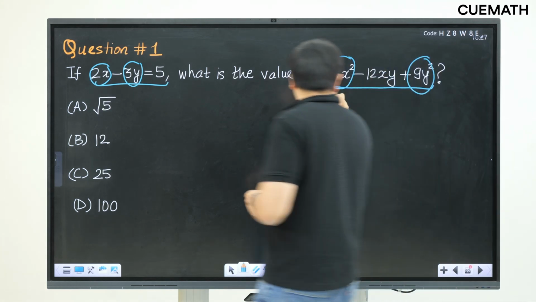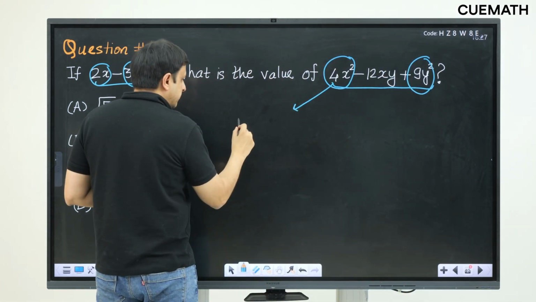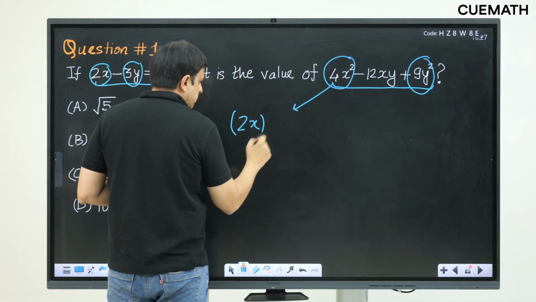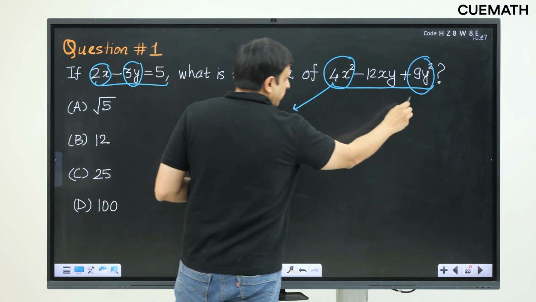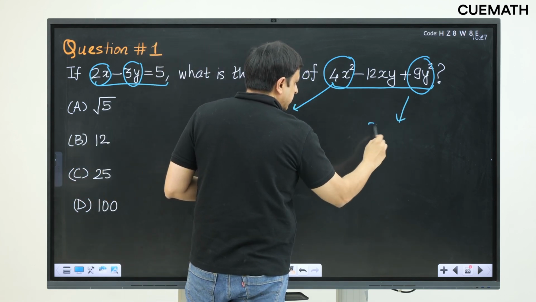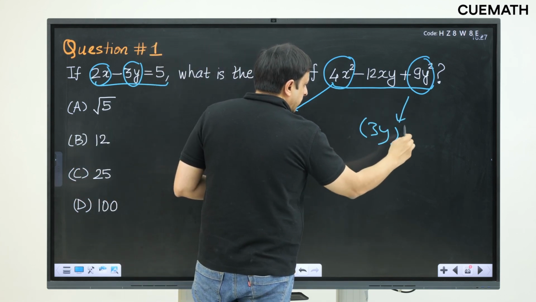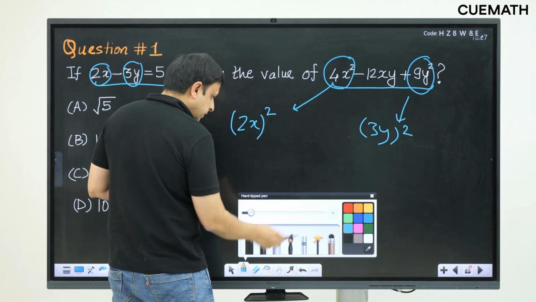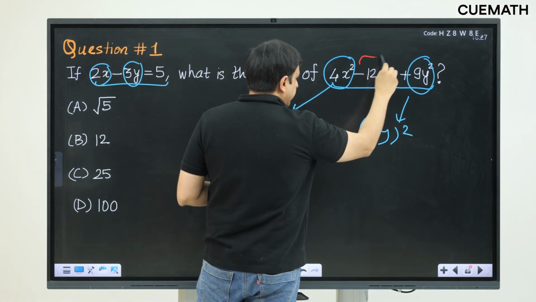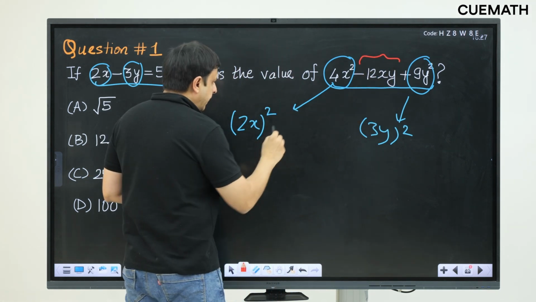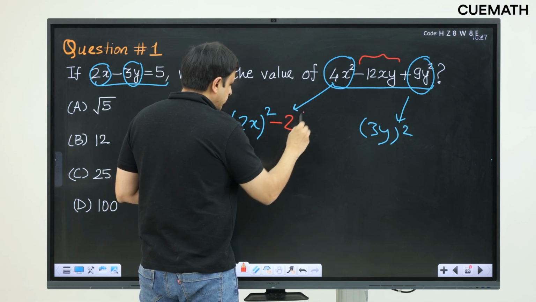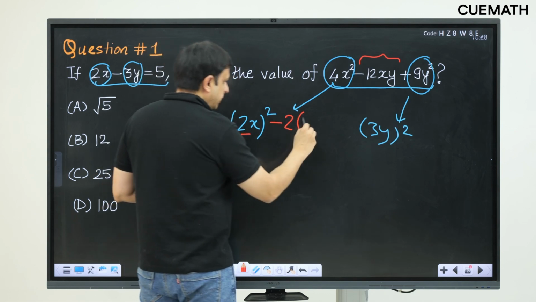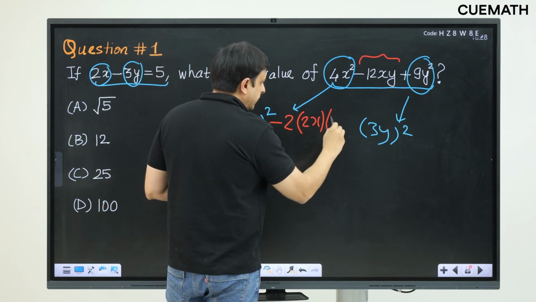In fact, 4x square can be written as (2x) whole square, and 9y square can be written as (3y) whole square, and then the cross term, minus 12xy, can be written as minus 2 times 2x times 3y.